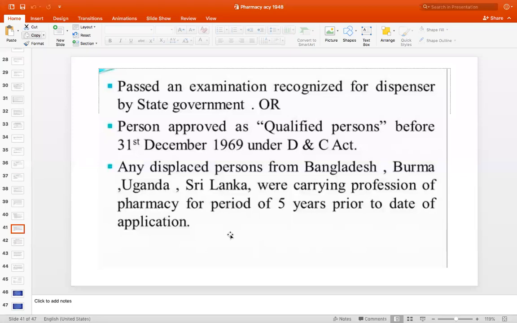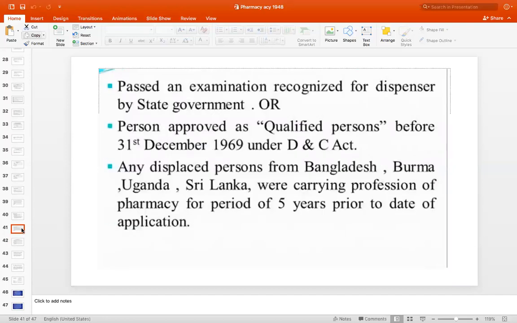If you are from Bangladesh and you are a displaced person, I have told you the definition of displaced person in previous slides. So if I am a displaced person from these countries like Bangladesh, Burma, Uganda, Sri Lanka, and I have practiced pharmacy within this period of 5 years before the application was given, then I come under special provision.